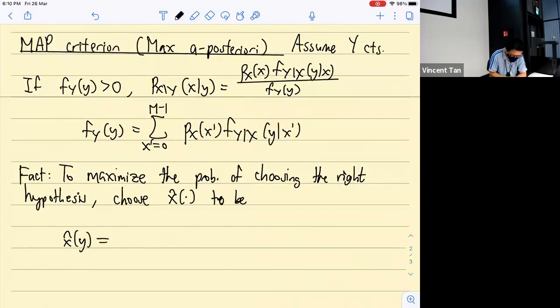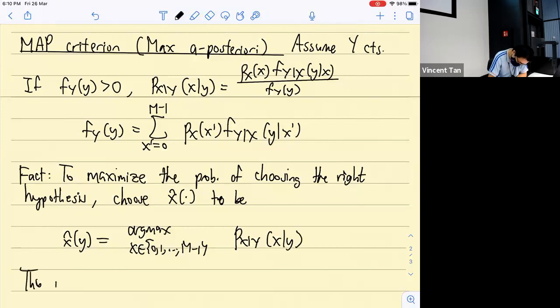A detector or decoder is nothing but a function that brings you from the y space to the x space. It is the argmax over all possible x belonging to 0, 1, up to M minus 1 of p of x given y. This is known as the MAP rule. This is the maximum a posteriori probability rule.